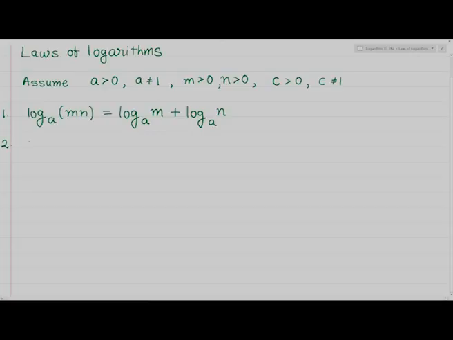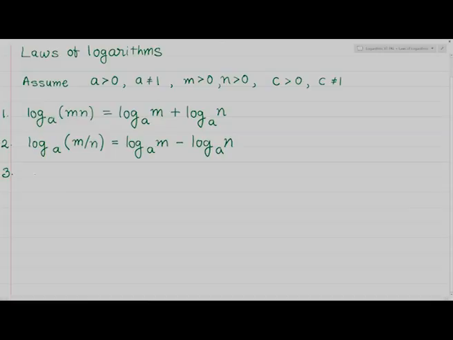Similarly, there is a property for division, that is log to the base a of m divided by n is equal to log to the base a of m minus log to the base a of n. These properties have special names, I will write the names after I have finished writing the properties.